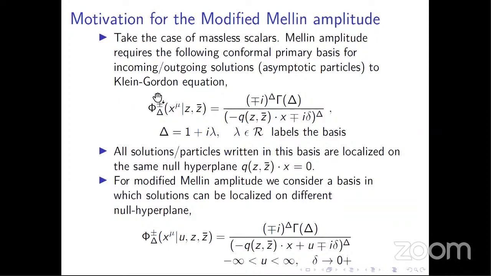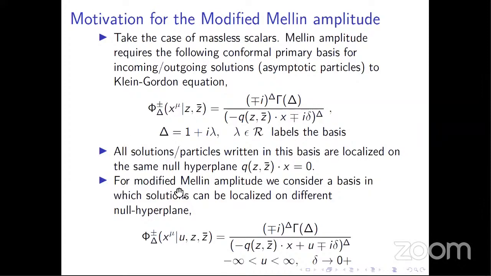The solution for the Klein-Gordon equation will look something like this, and we see that the particle will be localized at q dot x equal to 0. All the particles, when we write the Mellin amplitude, are localized on the same null hyperplane, which is q dot x equal to 0. And here q of z, z bar is the unit null momenta.